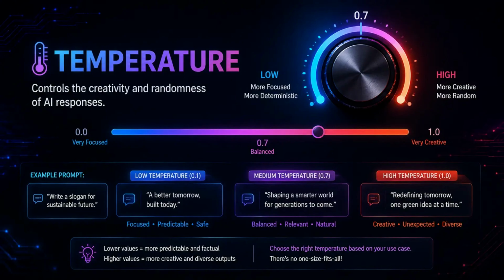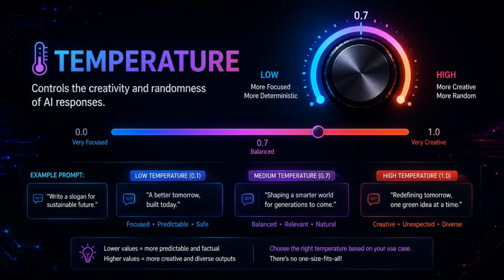Next is temperature. It controls how much creativity these models will show. As an example, for any mathematical operation like 2 plus 2, it's pretty obvious, it's 4. So in that case, temperature would be 0. The lower the temperature, the less the randomness. At 0, the LLM will not add any sort of randomness. It is a very obvious answer.